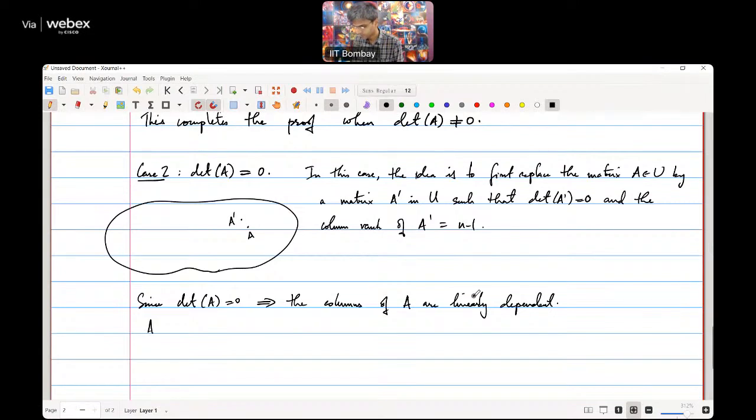So first we write A as these columns, A1, A2, ..., An. A1 we can write as c2 A2 plus c3 A3 plus and so on up to cn An.